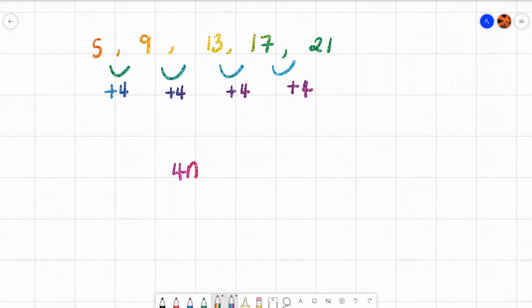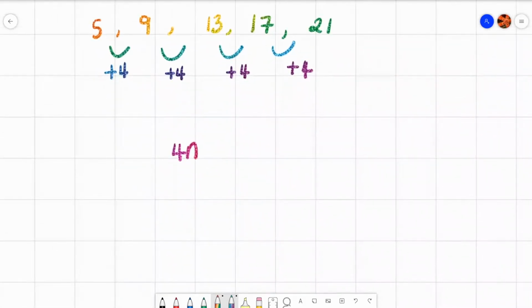So let's do it in a bit of a table if that is better for you rather than what we did above. So let's do 4, 8, 12, 16. They're the numbers in the 4 times table, aren't they? But my numbers are these numbers here. So I've got 5, 9, 13, and 17.